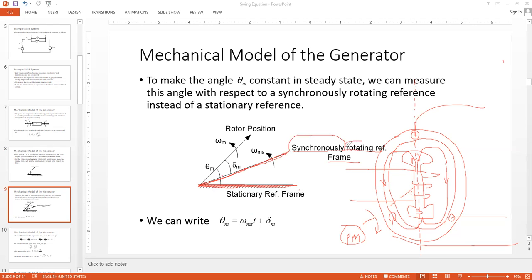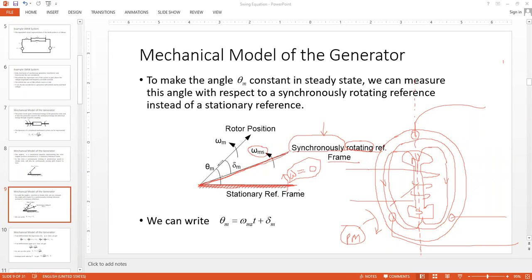When you say rotating reference frame, you have to set some speed, so we set it at the equilibrium speed for the synchronous machine, which is synchronous speed. The stationary frame also has a speed, but it is set to 0. Now you introduce the synchronously rotating reference frame.